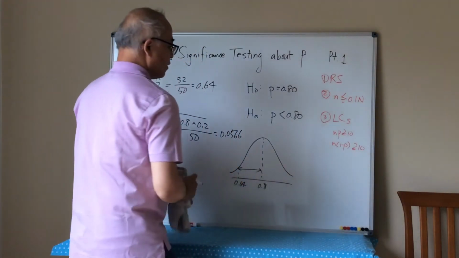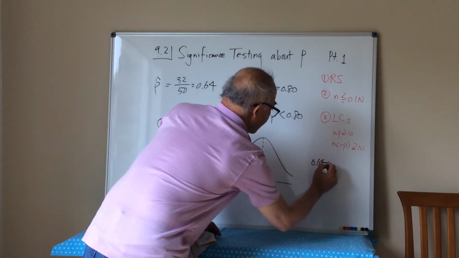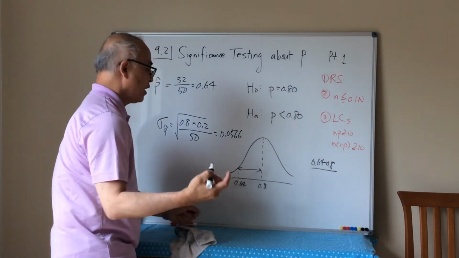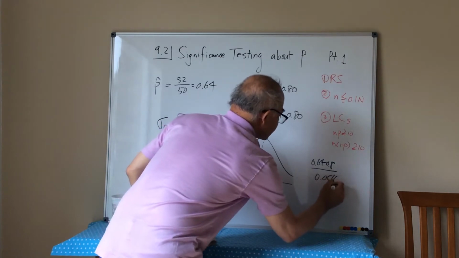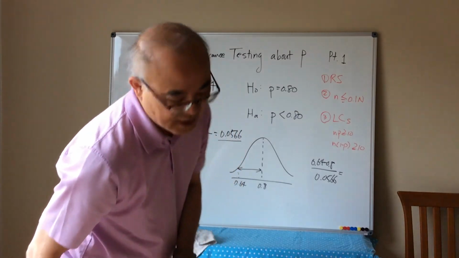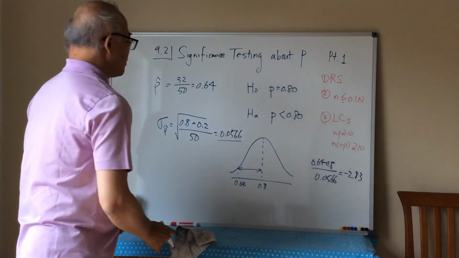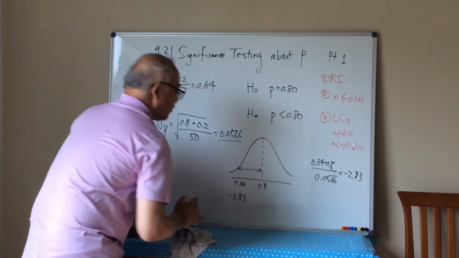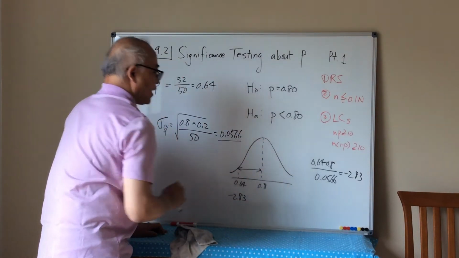The z-score was 0.64 minus 0.8, how far away it is, divided by the standard deviation, which we calculated right here, 0.0566. If we do that, we get negative 2.83. In other words, this is negative 2.83 standard deviations away from the 0.8.